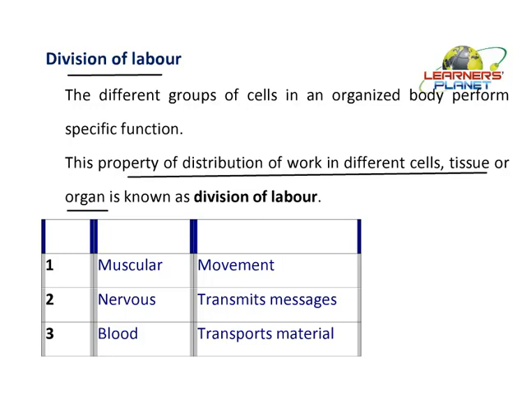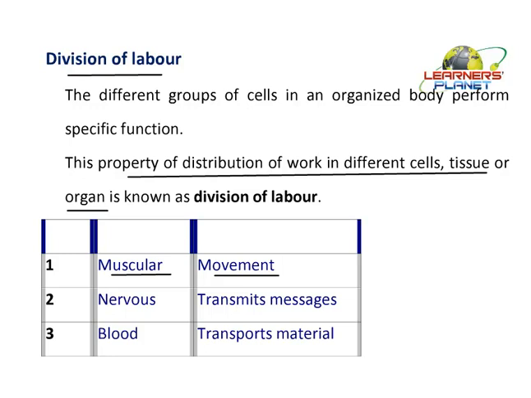So in short, we can say there is a distribution of work among different groups of cells in a multicellular system. For example, the muscular tissue is meant for the movement of the body or the movement of internal organs, like the heartbeat. Continuously the heart is contracting and relaxing.